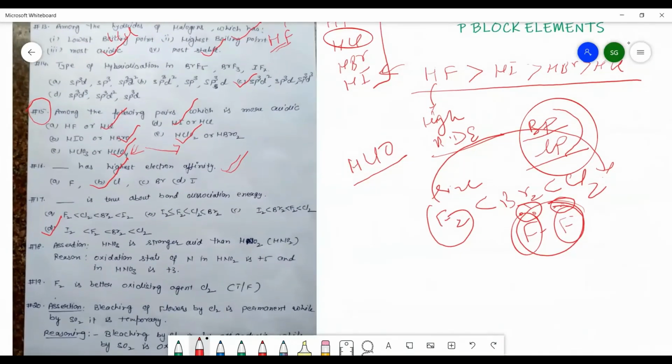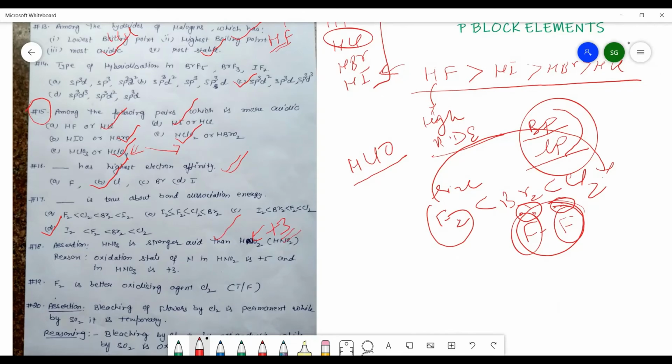Now, question number 18. It is an assertion-reasoning type question. Here, the assertion is HNO3 is a stronger acid than HNO2. The assertion is right because in HNO3, nitrogen has the +5 oxidation state, and in HNO2, nitrogen has the +3 oxidation state.